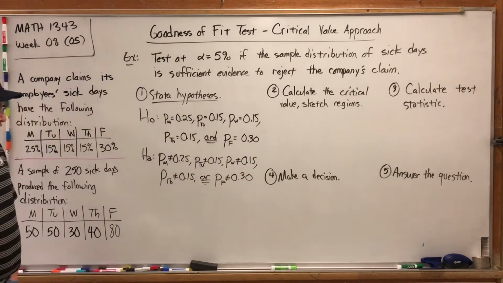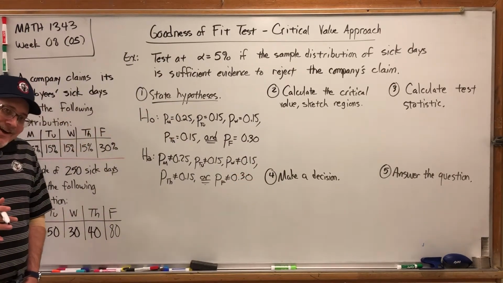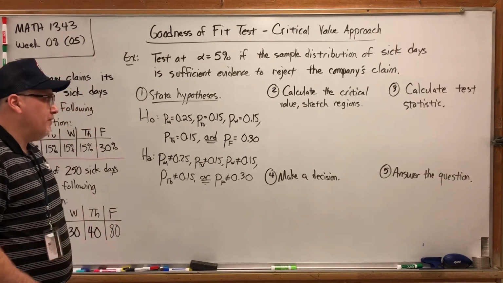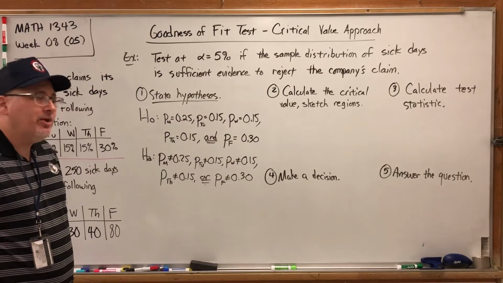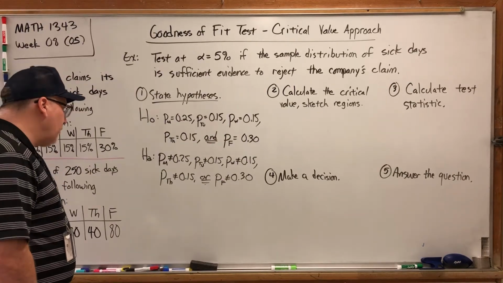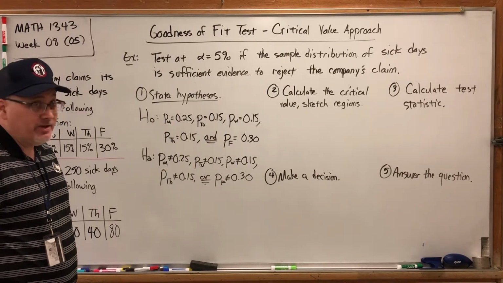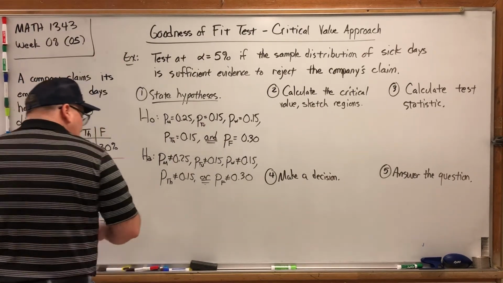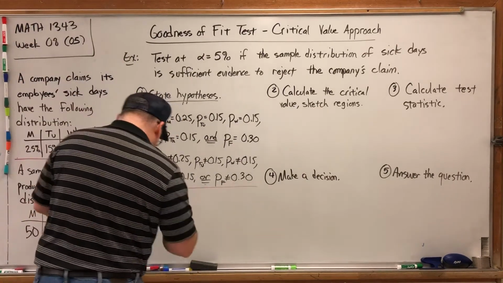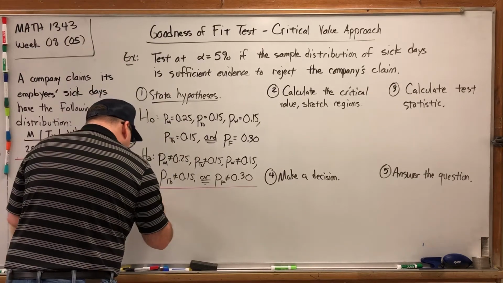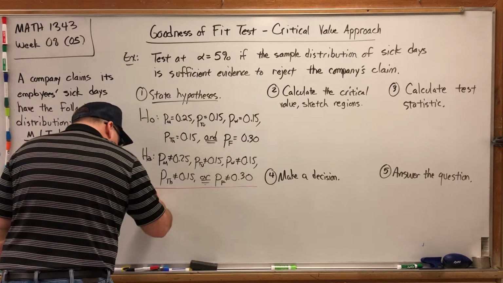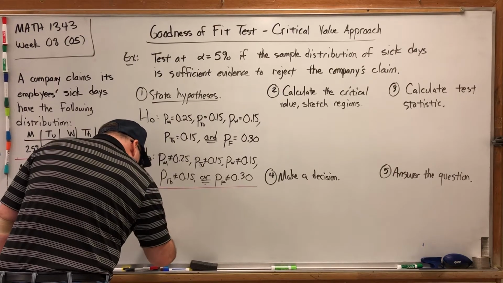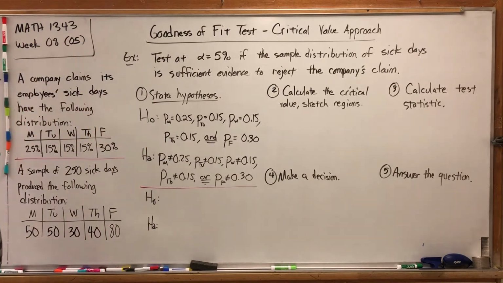Now, that's the numerical way to do it, and it's not necessarily wrong, but it's not very descriptive because it lacks context. All it's saying is either all these proportions are certain values or at least one of them isn't. If you wanted to describe the hypotheses contextually, you could write them in words using some of the same verbiage.